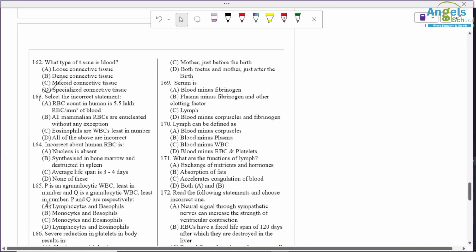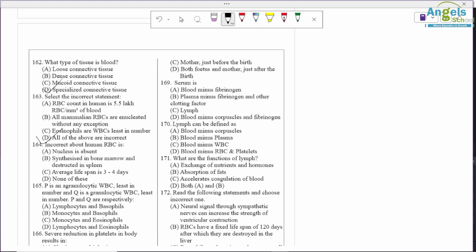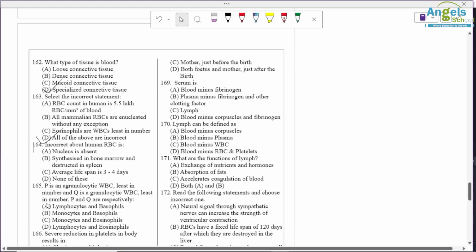So all of the three statements are incorrect only. So D option is correct. Incorrect about human RBC? Nucleus is absent, synthesized in bone marrow. Average lifespan is 3 to 4 days, so it is an incorrect option. Average lifespan is 120 days.